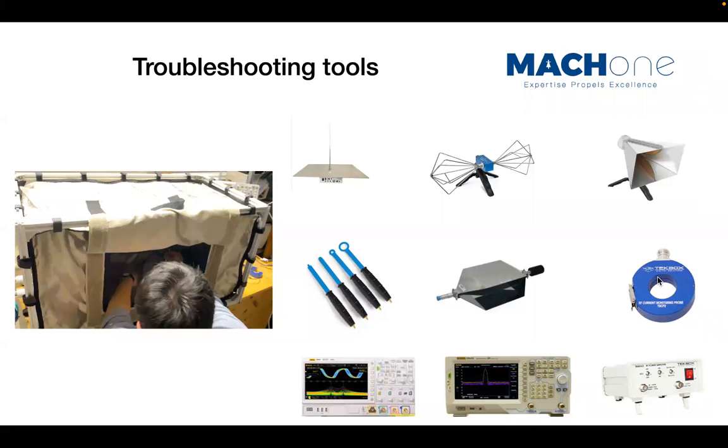Of course, you will always need something like a high frequency bandwidth oscilloscope, often at least 500 megahertz, or a spectrum analyzer. These days you probably need to choose something up to 2.1 gigahertz at least, okay?